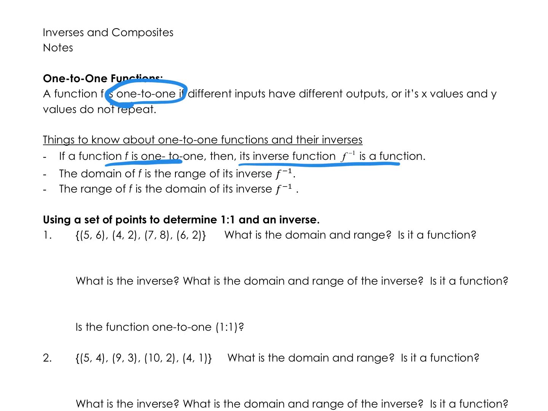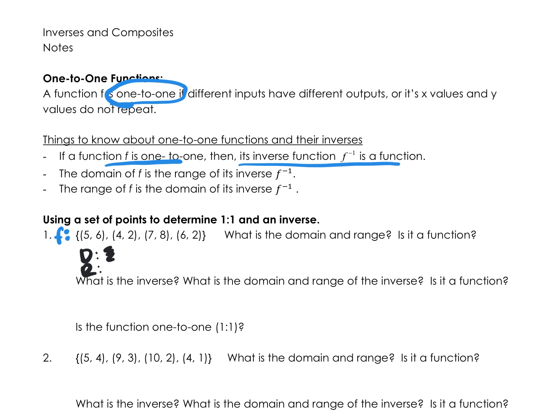But first, let's review domain and range. So when we do domain and range, let's call this function here f. And let's list out the domain and the range of this function. This is a good review for Unit 1 stuff.